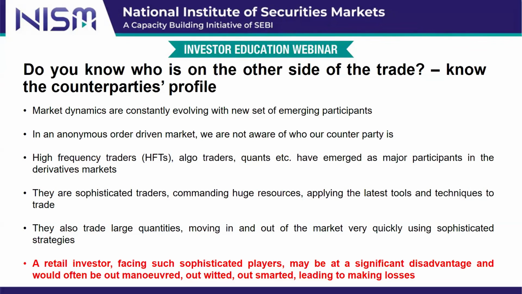These are basically the HFT players, the algo traders or the quants, who have emerged, I would not say new, but as very big players in the markets today. They have been there for some time, but they have become very active now in the derivatives market.